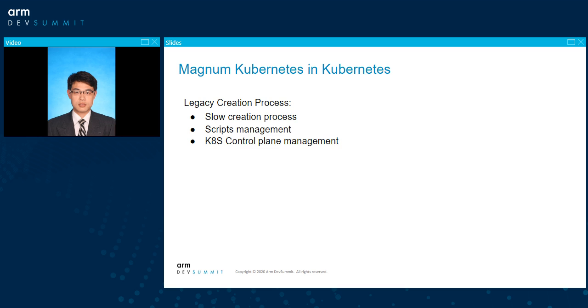The legacy creation process needs to be done step by step, and it is very time consuming. Magnum has also defined a lot of scripts, so it is very hard for us to extend to multi-architecture or maintain different versions of Kubernetes.